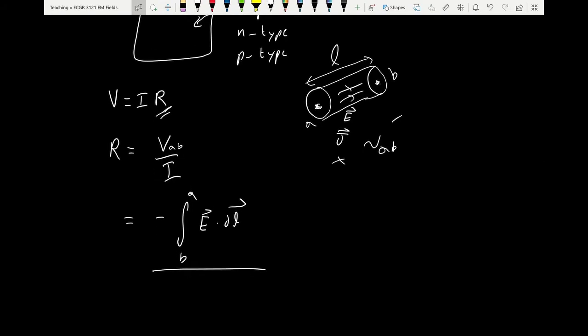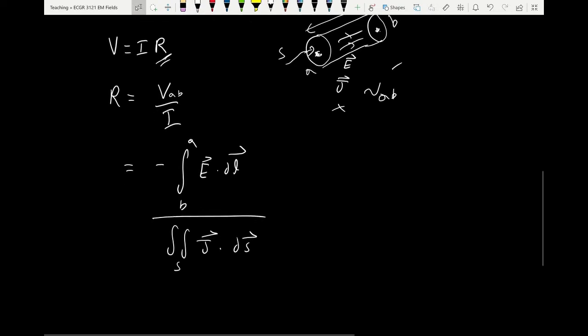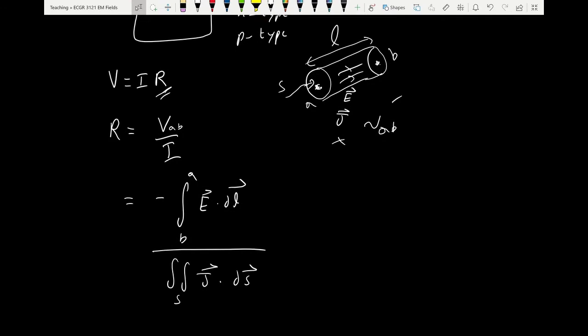And the current, using the field variable J, is just the surface integral over the cross-section of the cylinder of J dot ds, right? So yeah, in my notation this should be V.